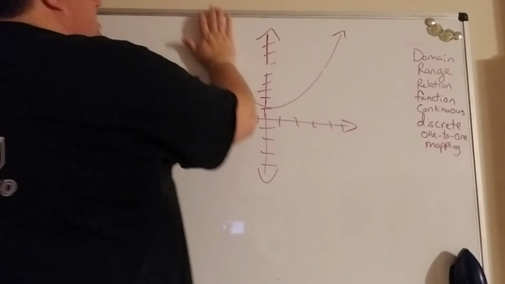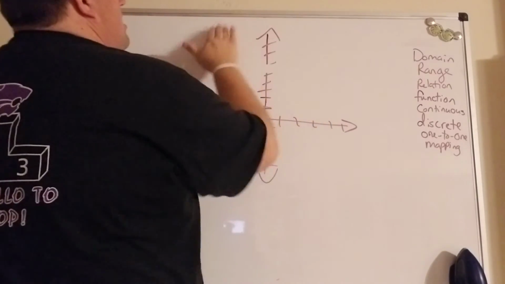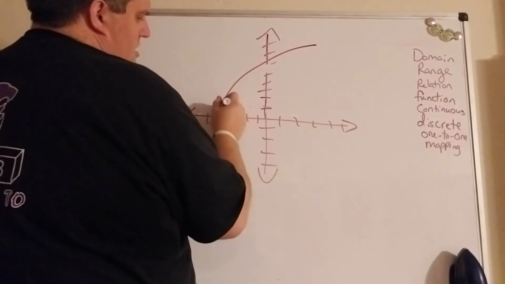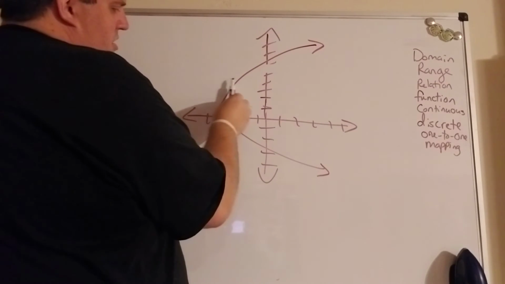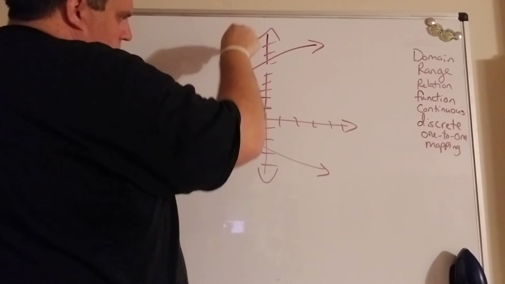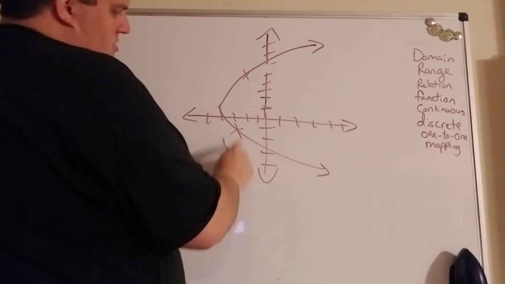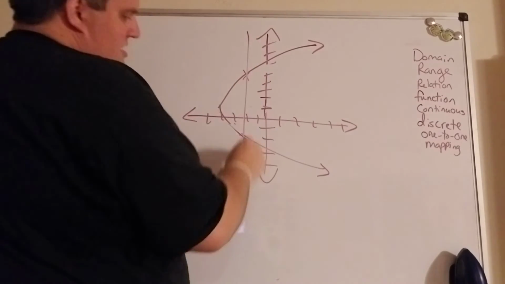All right, if I rotated this parabola, and I drew it like this, you can see now if I use the vertical line test, it's going to touch in two spots.